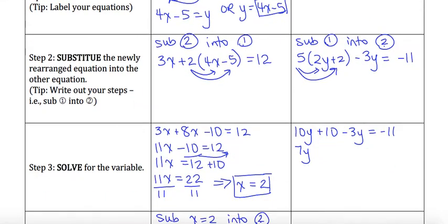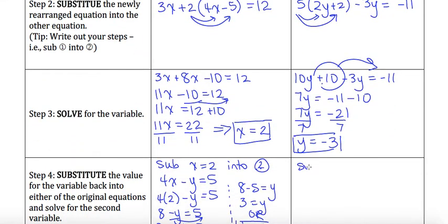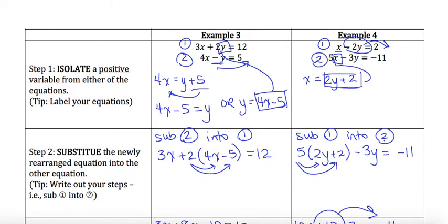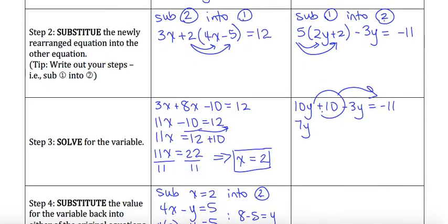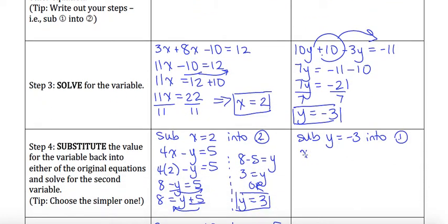So substitute y equals negative 3 into 1. So equation 1 is x minus 2y equals 2. So x minus 2 times negative 3 is equal to 2. x, negative 2 times negative 3 is positive 6, equals 2.